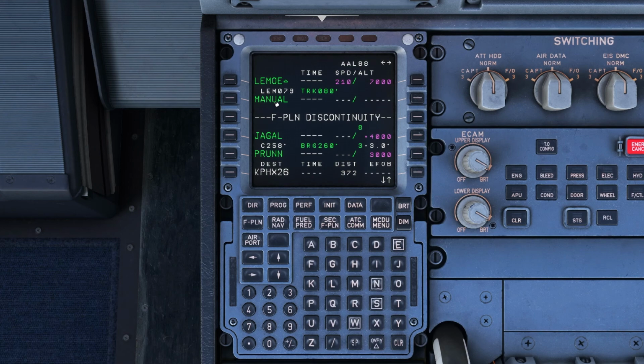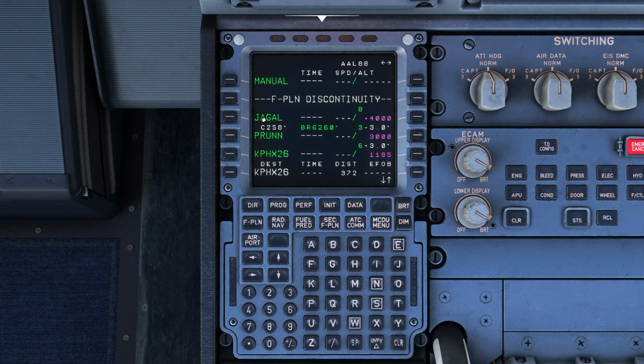Now, if there's no air traffic control, then you have to decide at what point you're going to go direct to one of these waypoints so that you can get lined up. Then again, you've got these little restrictions here. That's another video. So anyway, keep going down here, and you've only got these 2 waypoints, and then of course you've got Phoenix 26.